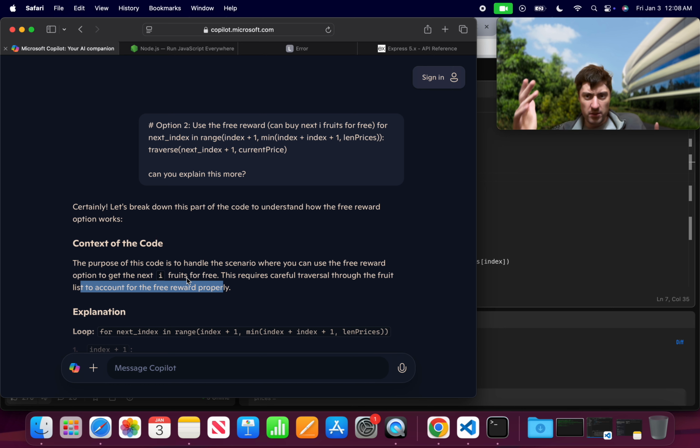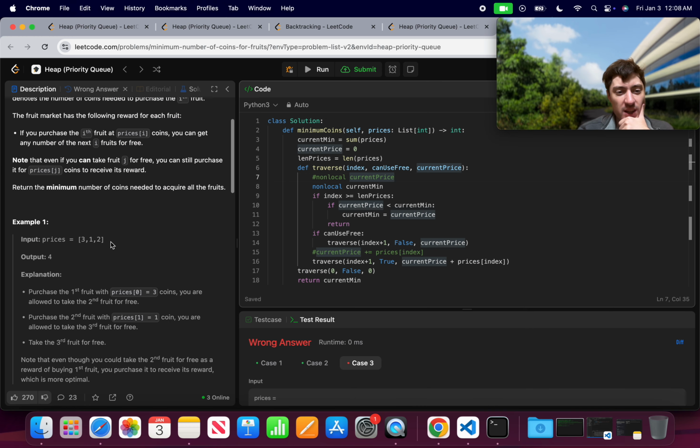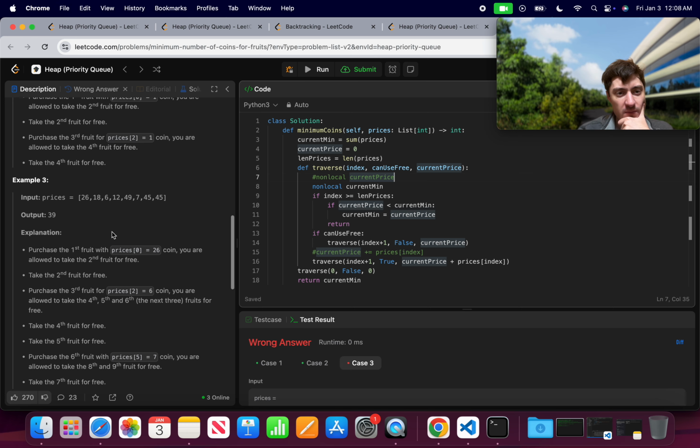Okay, so I just didn't understand what this free reward thing was actually. I thought it meant like, oh, you can take this one, and then you get this one for free, and then you have to pay for this one, and then you can get this one for free.